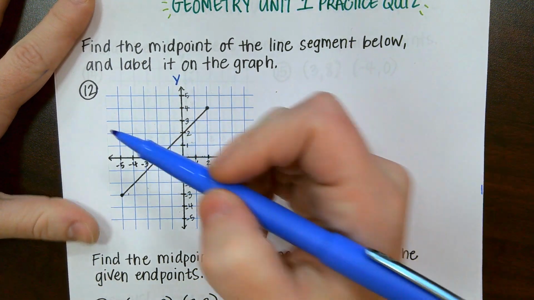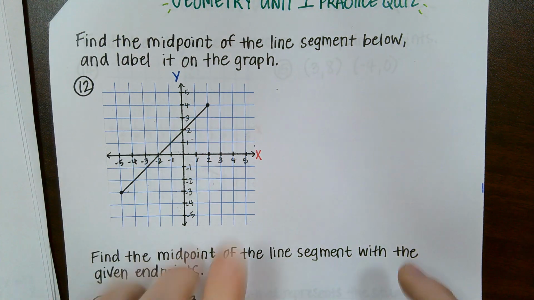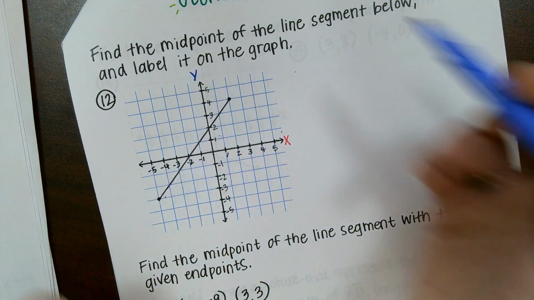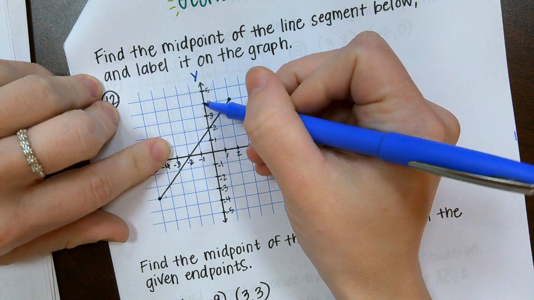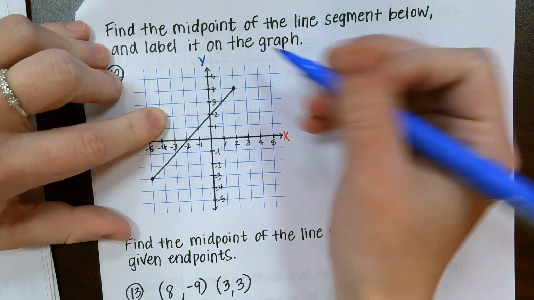So on number 12, you are going to be finding the midpoint of the line segment that is on this graph below. The first thing we need to do before we identify the midpoint is talk about what these coordinates, or our endpoints, are. I'm going to do that by seeing where these points line up on the x and y axis.